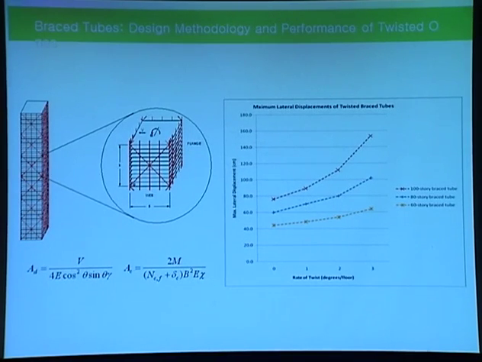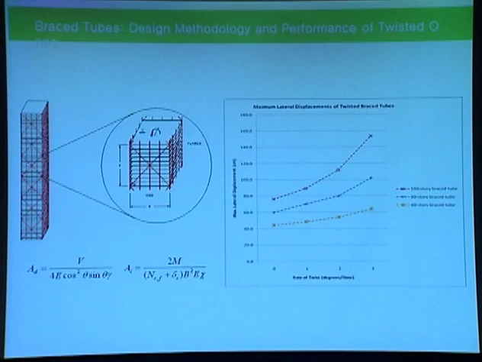And briefly, as a comparison between diagrid structures and other structures, I just selected another study with the brace tube system, which is quite similar in terms of carrying lateral load by axial actions of the columns and bracings. And this is the quick study result with the brace tube systems, also twisted, 1 degree, 2 degrees, and 3 degrees per floor.